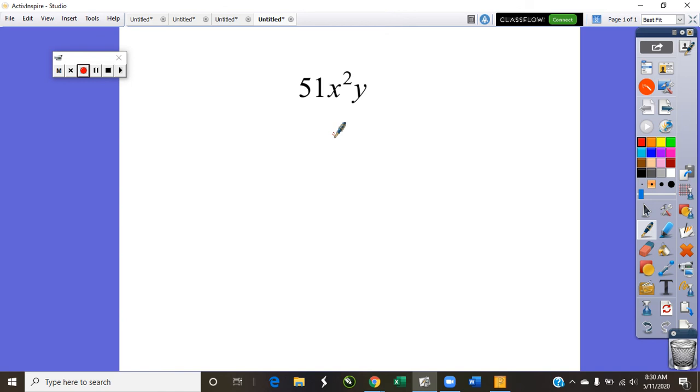That doesn't mean anything crazy. Let's take a look at this one first. All right, let's do 51. Now, 51 is tricky because it looks prime, doesn't it? It's actually not prime. It is actually divisible by 3. So I can multiply 3 times 17. And then x to the second means x times x, and then this y by itself just means a y.